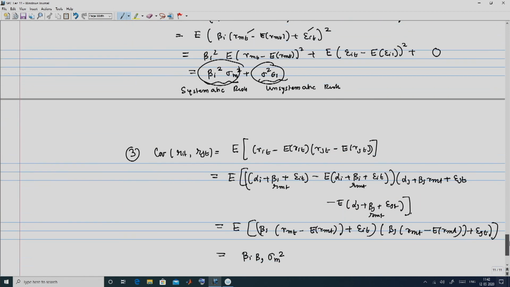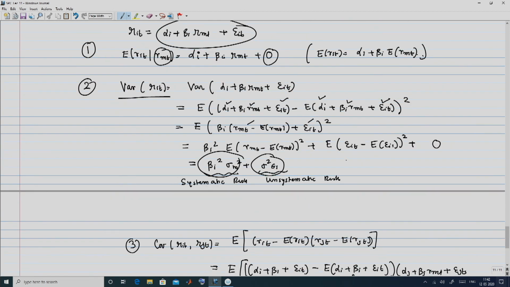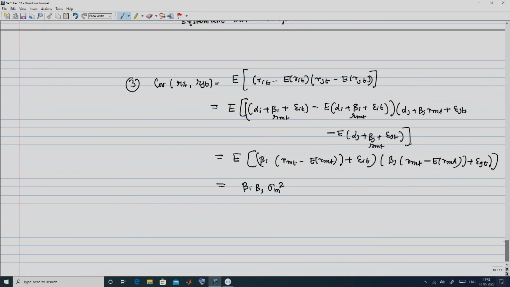So, just to recap the previous case, the variance sigma_I square is beta_I square sigma_m square plus sigma square epsilon_I, and the covariance can be written as sigma_Ij is equal to beta_I beta_j sigma_m square.